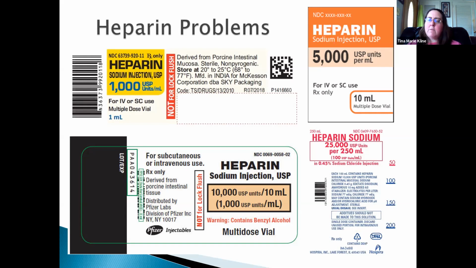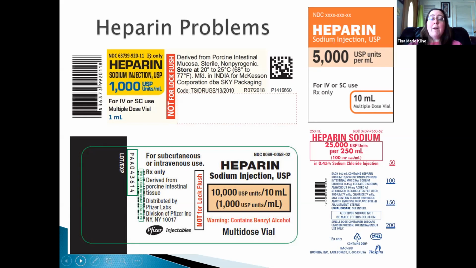Or no, I'm sorry, scratch that. I've seen 25,000 units per 500 mLs. Okay, so you really need to be very careful looking at your concentration. That's also a very important piece for the calculation part of it that we're going to get into in a minute. But I just really wanted to emphasize really looking at your labels.